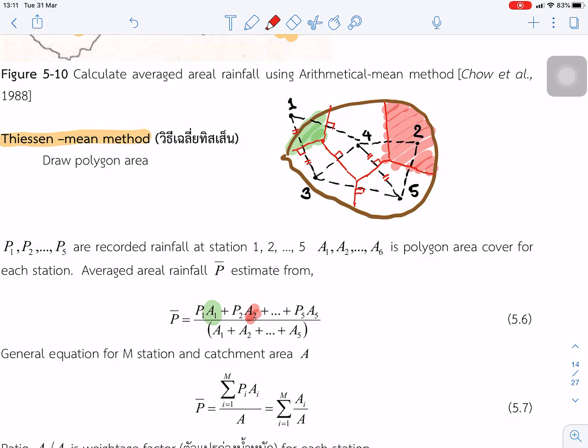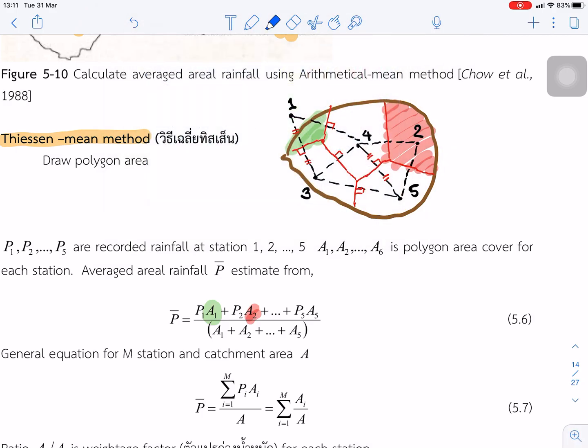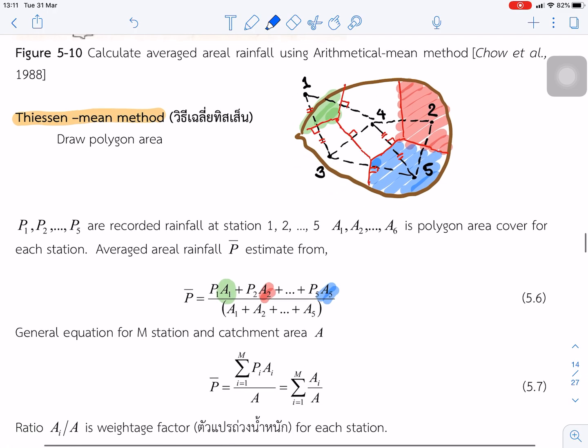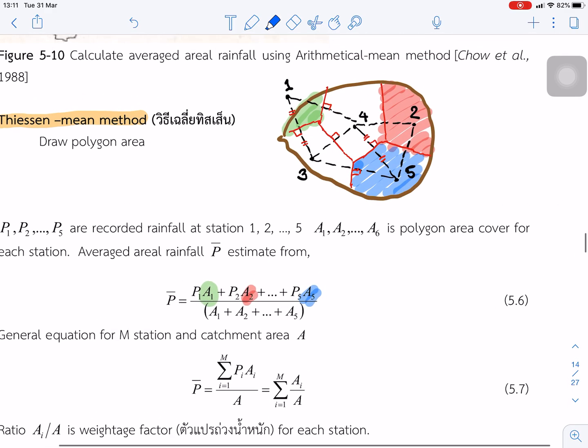And for P5, this area. Then we use this area as the weighting factor, so the weight for A5 is equal to A5 over the total area.